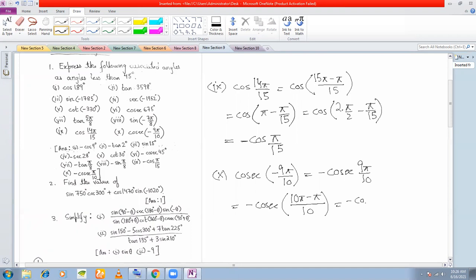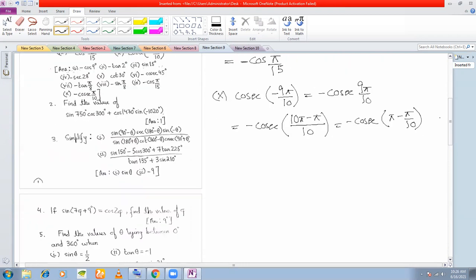Which is minus cosec pi minus pi by 10, which is minus cosec 2 into pi by 2 minus pi by 10. Even multiple, cosec remains a cosec. Second quadrant, in which sign is positive. We already have a negative sign here, so we give a negative sign. Pi by 10. That's it.